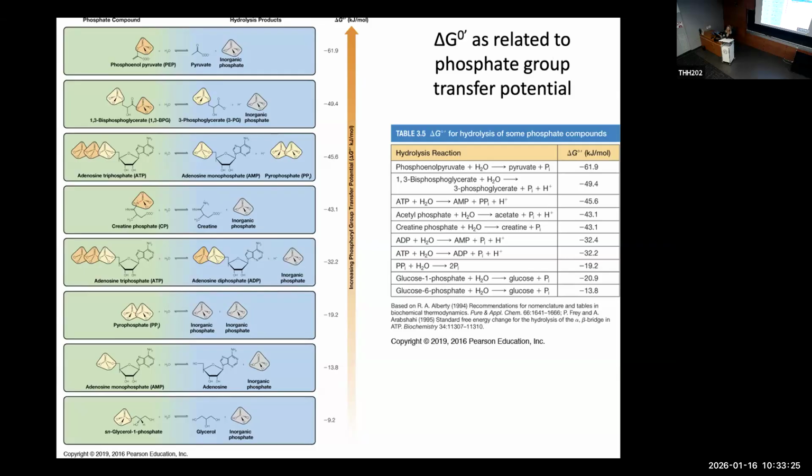So in the cell, most stores of ATP get used up quite quickly if you're exercising. The cell doesn't store a ton of ATP. So when I say used up, I mean the phosphate gets removed and provides energy for a reaction. Well, if you want to remake that ATP, you have to reattach the phosphate and recycle it, right? So the recycling of that requires energy.